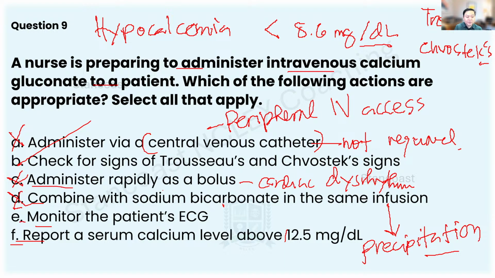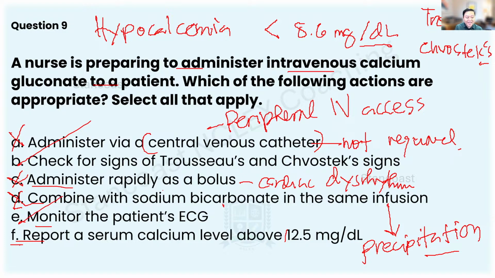What about letter E? Monitor the patient's ECG. Of course, if you're going to administer calcium gluconate for a patient that has hypocalcemia, you've got to make sure that you are continuously monitoring their heart activity with the use of a continuous cardiac monitoring device in order to capture those arrhythmias. So letter E is one of those correct answers.